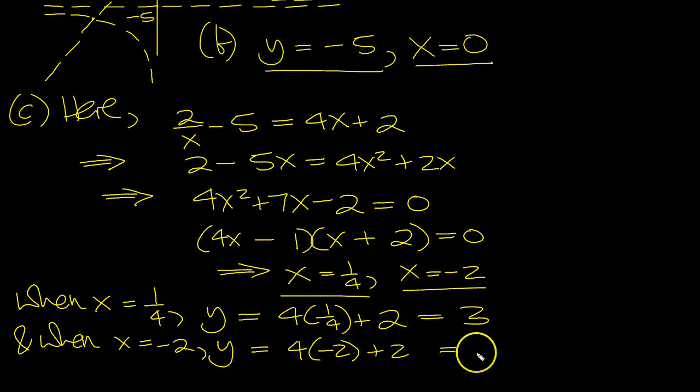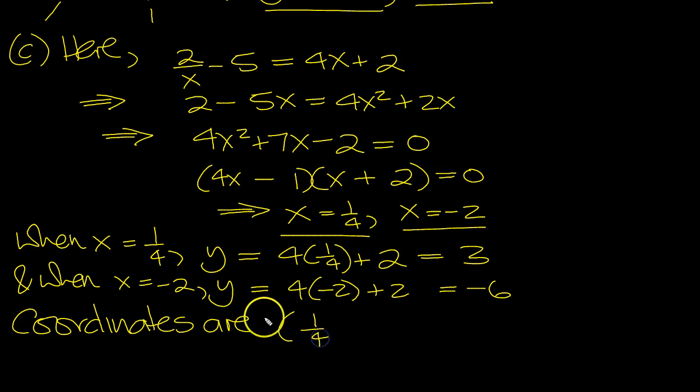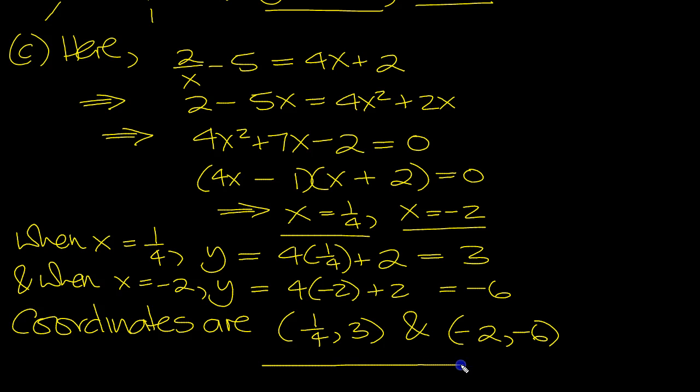Minus 8 plus 2 is minus 6. Coordinates are then, well, it would be 1 quarter and 3 and minus 2 and minus 6. And that's in keeping with our sketch.